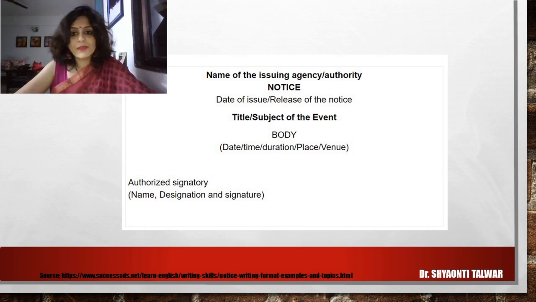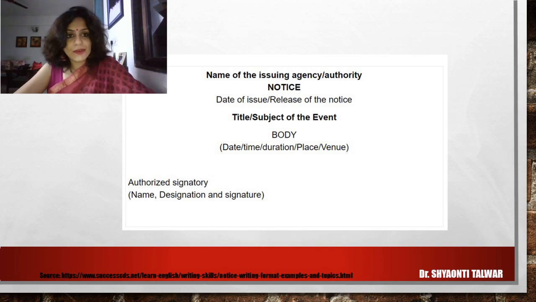You have the name of the issuing agency over here. Then you have the word notice written in bold and capital letters. You have the date, then the subject of the event, and then the body, in which you will have the date, time, duration, place, and venue.